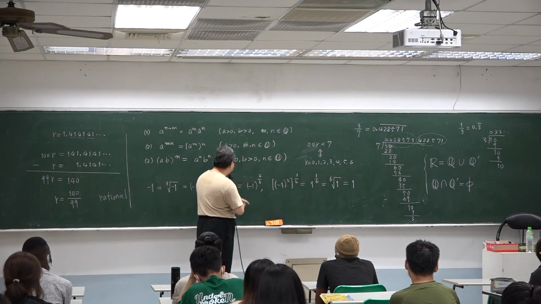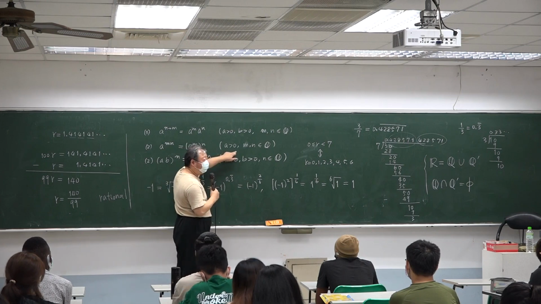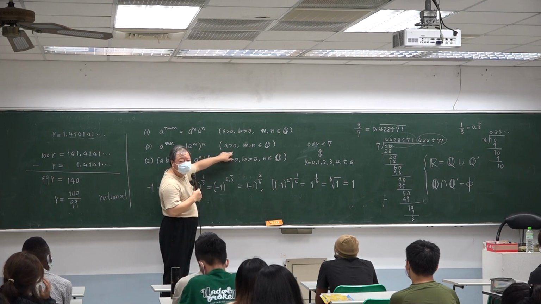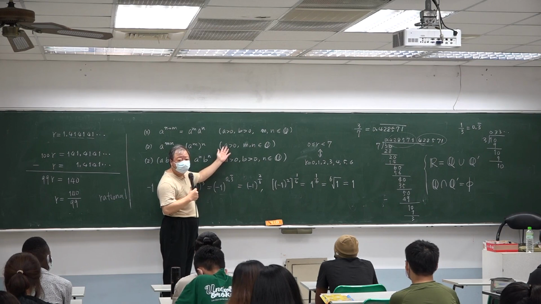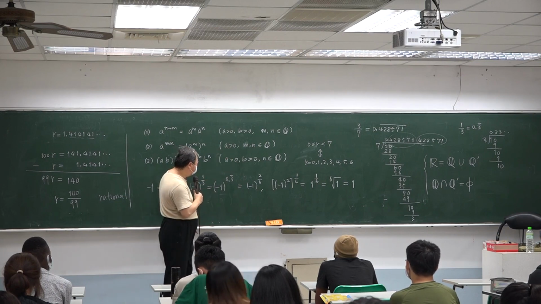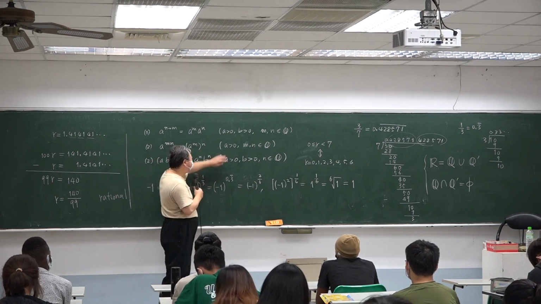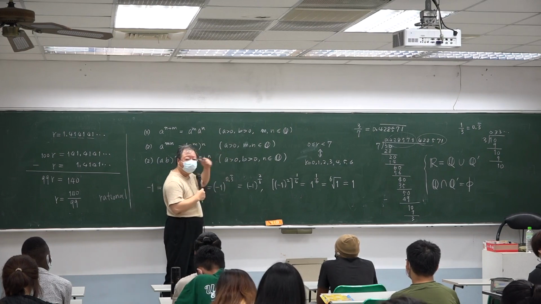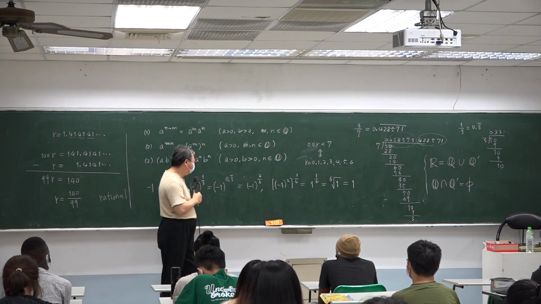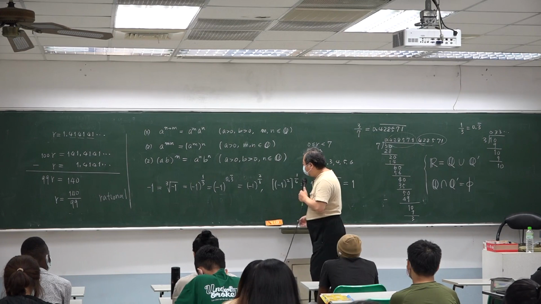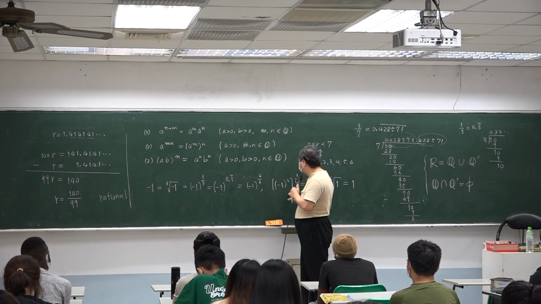Because when we use this formula, if you want to apply any formula, you have to check the assumptions. This formula is valid only for the base, not for all numbers. Sometimes it may be negative or positive. Here, these two are different because this is -1 and this is 1.